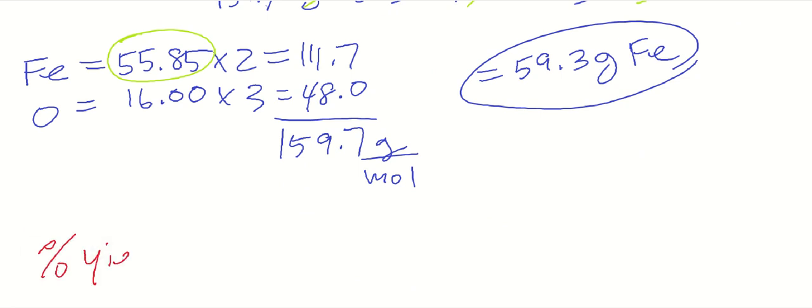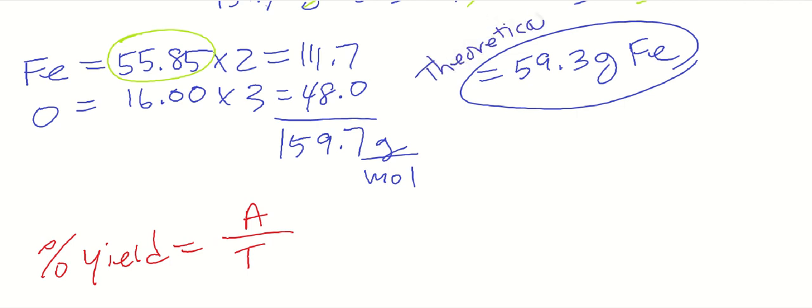Percent yield is the actual amount that was made over the theoretical, the total possible, which is what we just calculated. You get that by doing stoichiometry with the limiting reagent, which is what was given. So you do actual over theoretical, and you multiply that by 100 to turn that into a percent.